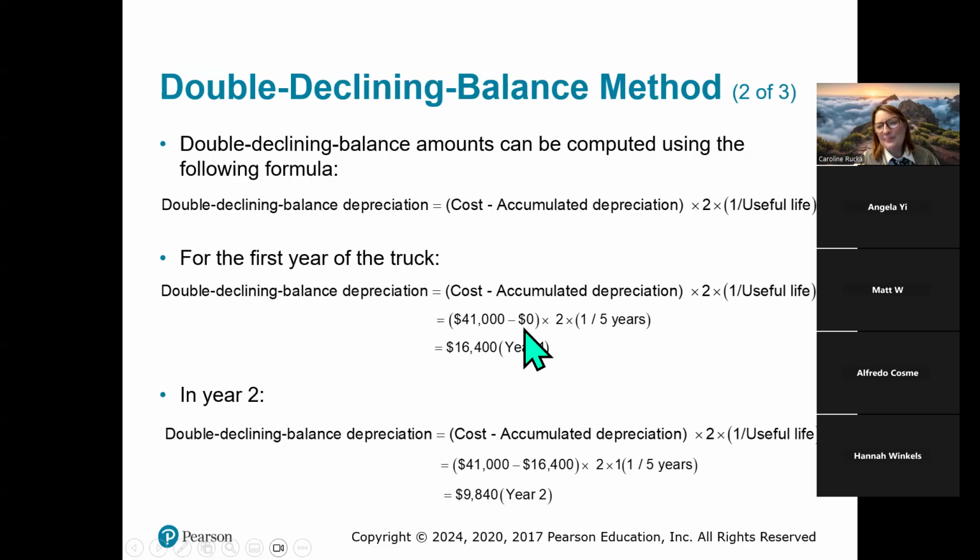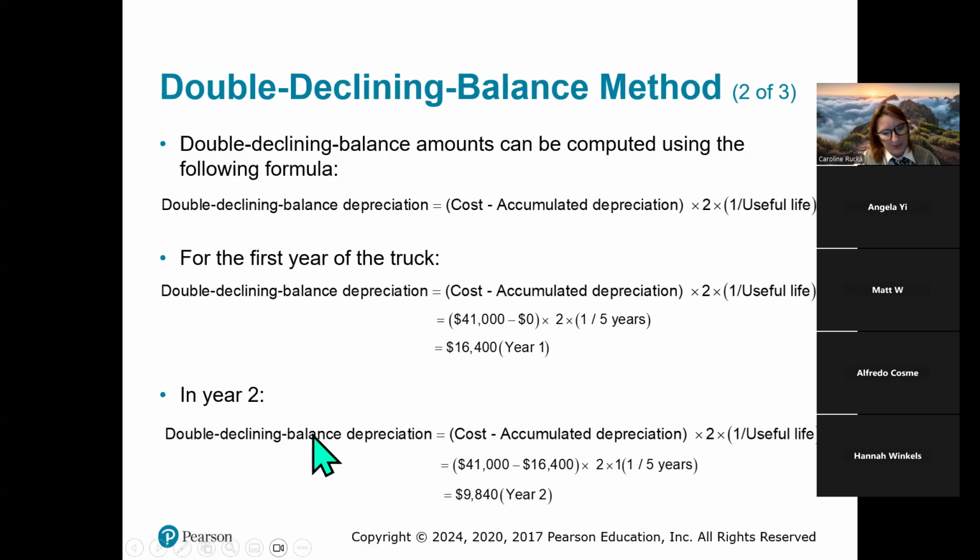There's no accumulated depreciation yet. Times 2 times 1 out of 5 years. So this is the first of 5 years. That will give us 16,400 in depreciation in the first year.